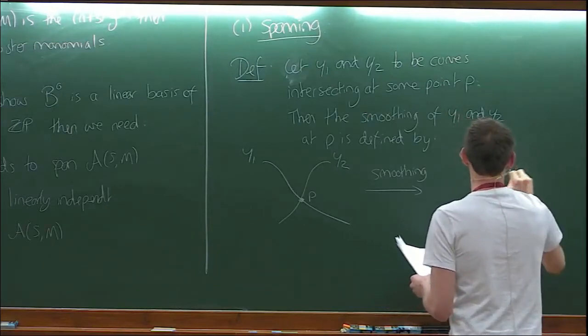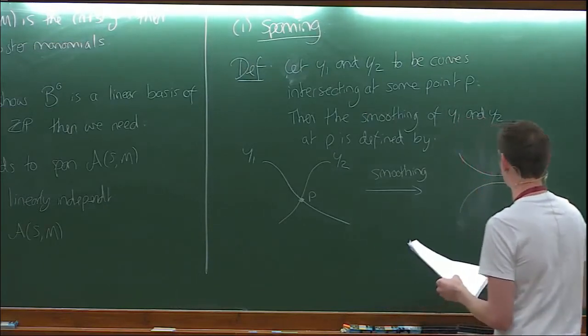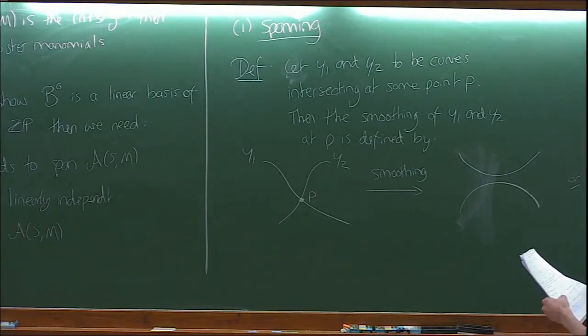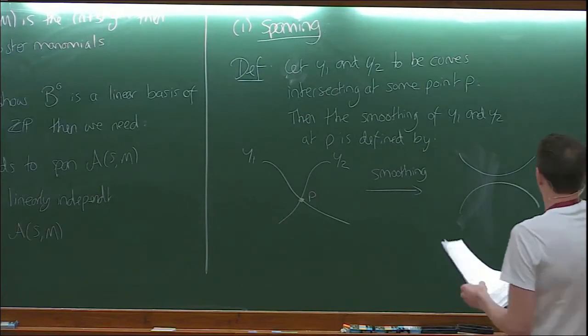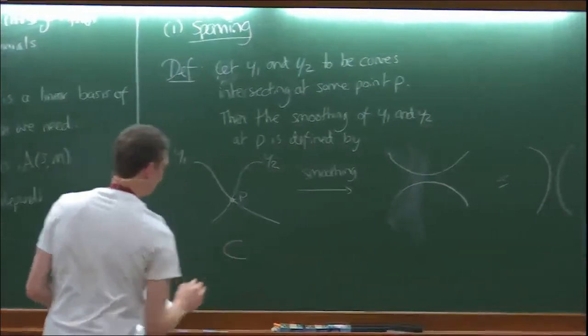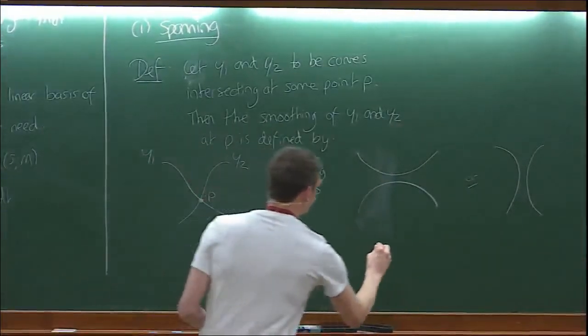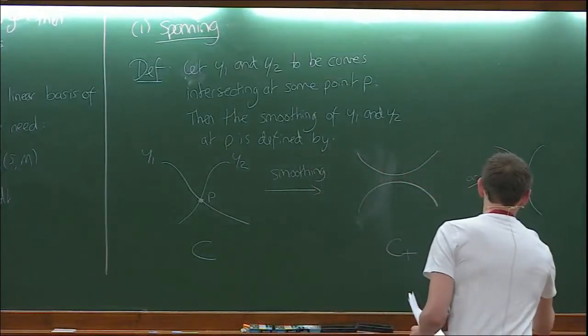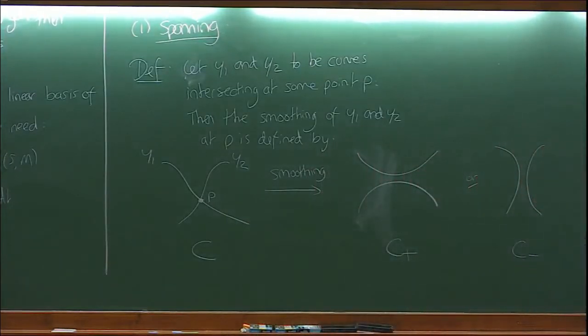Okay. So we could resolve it this way, or we could resolve it this way. And if this belongs to a class of curves C, then we'll define this as C plus and this as C minus. Okay.